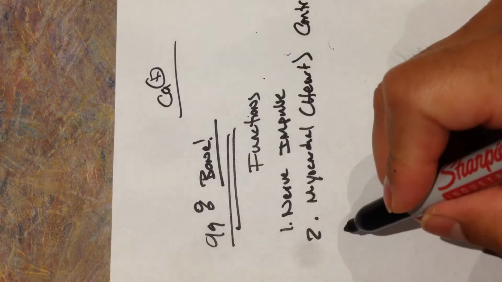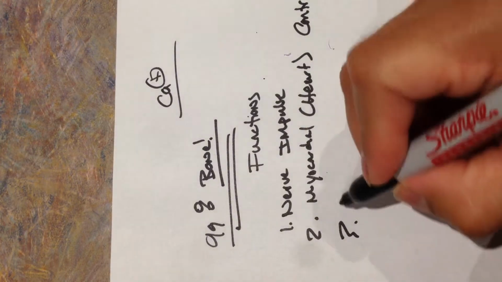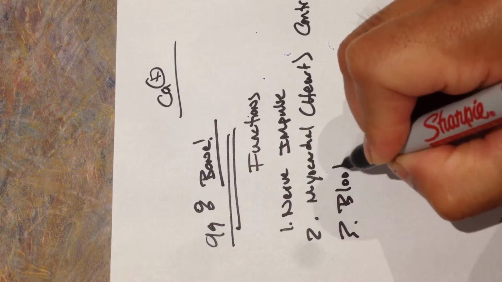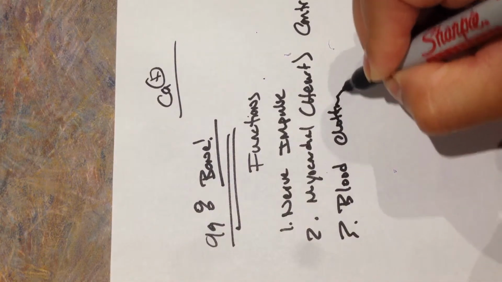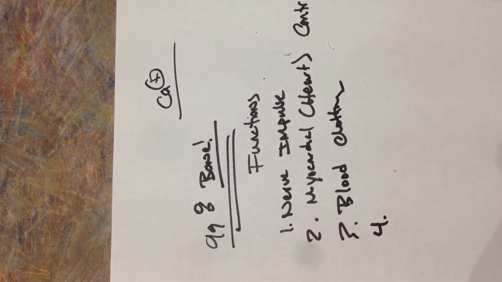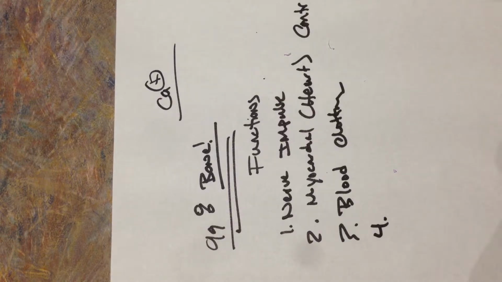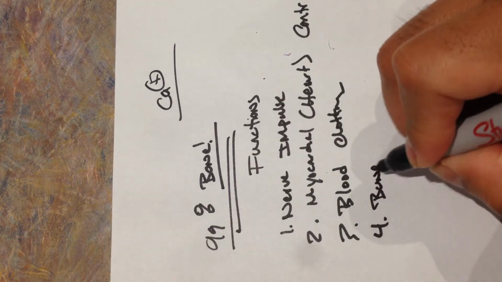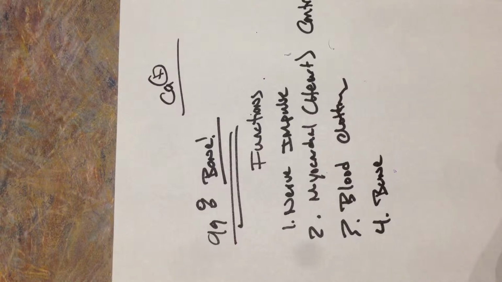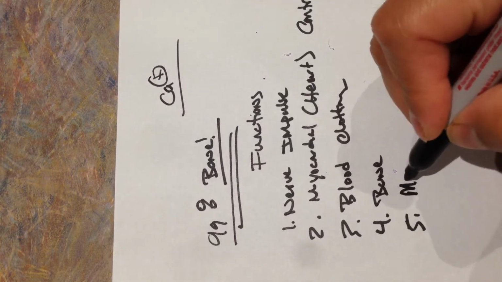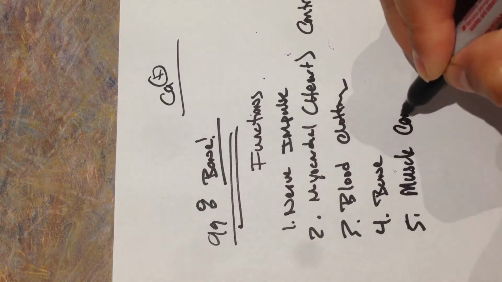Number 3, blood clotting. Number 4, formation of teeth and bone. Number 5, muscle contractions.